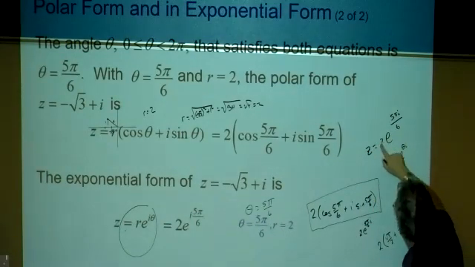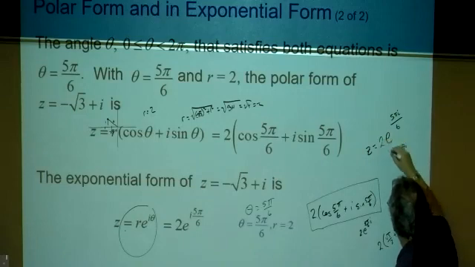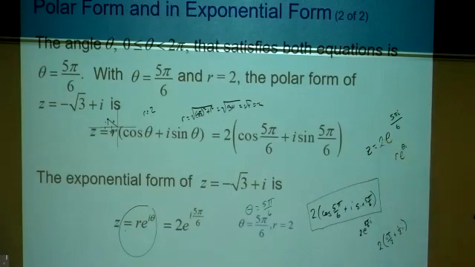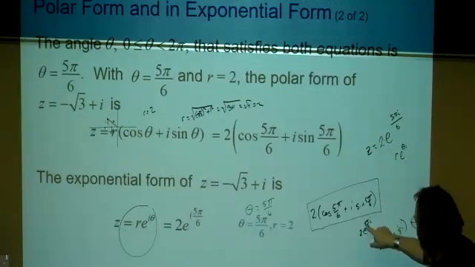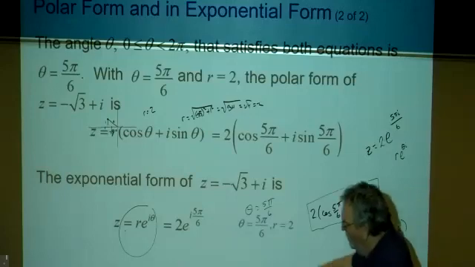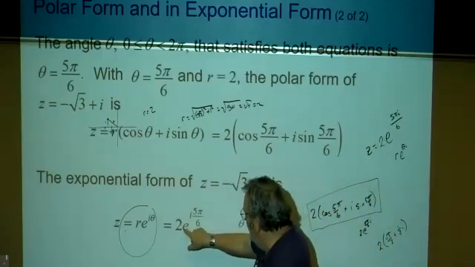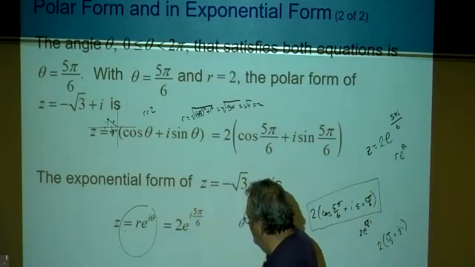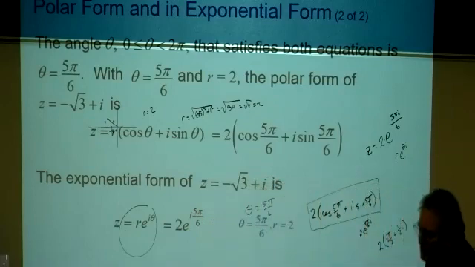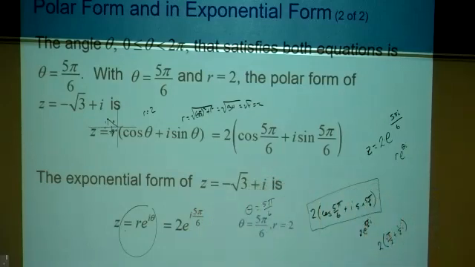So 2 times e to the 5 pi I over 6, or 2 times e to the 5 pi over 6 I, or this way where it's 2 times e to the I 5 pi over 6. Either one of those ways is correct. Say that again quickly.